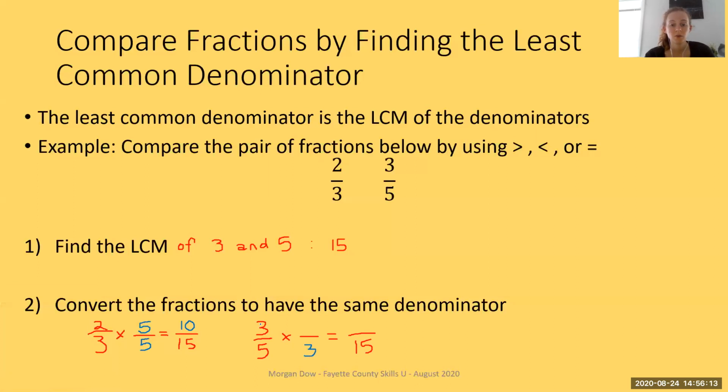So be careful here. We're not multiplying by 3 because 3 is the numerator. It has nothing to do with that. We're multiplying by 3 because we want to take 5 and transform it into 15. And then we just go ahead, we do the same thing to the numerator. 3 times 3 is 9. So now I've shown that 2/3 is the same thing as 10/15, and 3/5 is the same thing as 9/15.